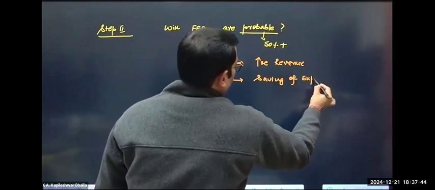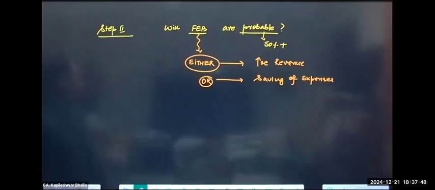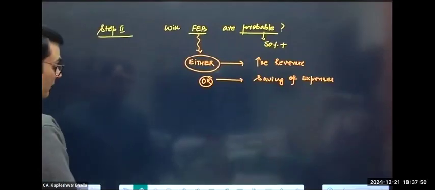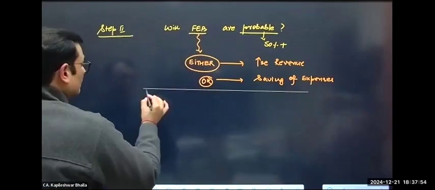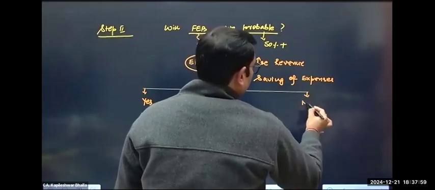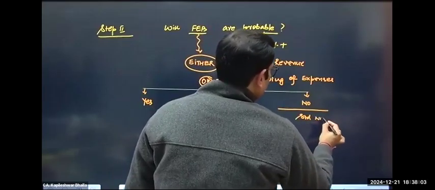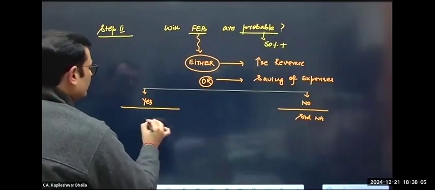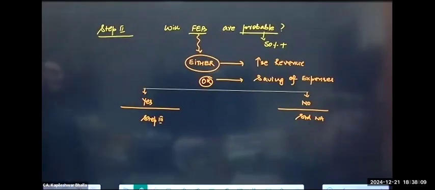So either we prove that the revenue pushes up or we can get saving of expenses, then we can say it is probable. Here again, the answer would be a yes or a no. If we say no, the standard is not applicable. And if you say yes, we go to step number 3. This is again a part of the asset definition itself.